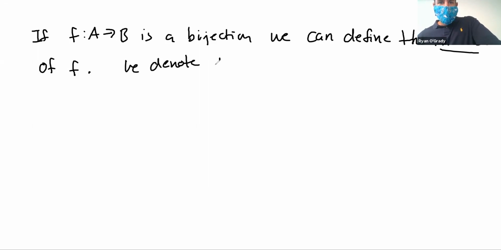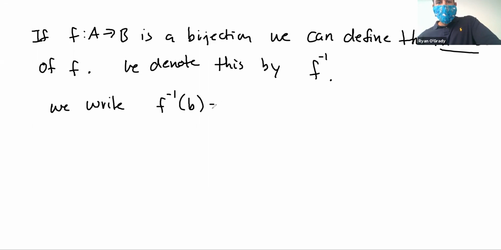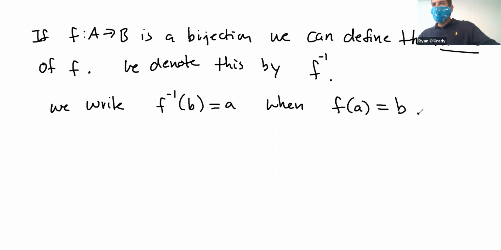We denote this by f with a raised power of -1. So what we write is, we write f inverse of b equals a when f of a equals b.